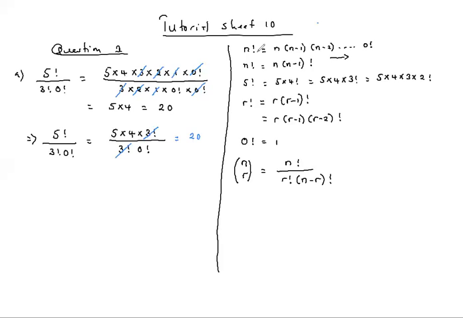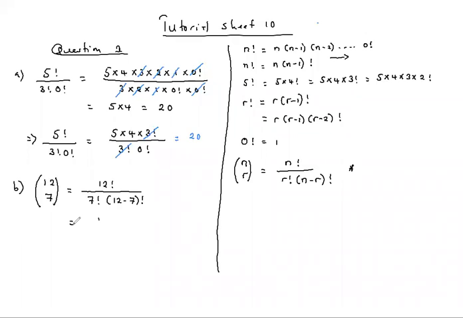So we go to B. B is 12 choose 7. This can be written as 12 factorial over 7 factorial, 12 minus 7 factorial, from the definition of n choose r.